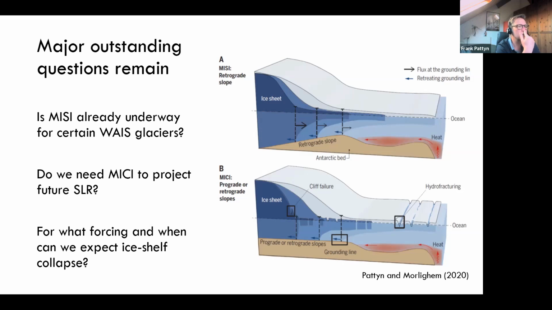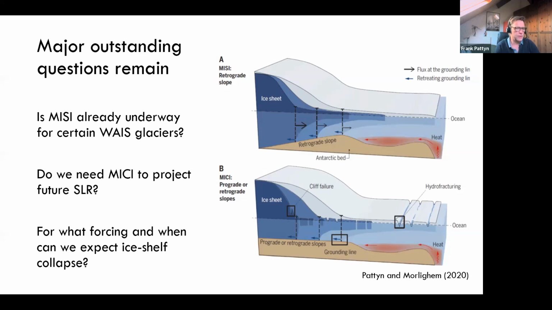On the other hand, the forcing also plays a role, because in order to have cliff instability initiated, you need an ice shelf that has collapsed, because you need a cliff that exists there. I think we can put the ball in the court of ice shelf dynamics, to try to understand how ice shelves collapse, because if an ice shelf is still sufficiently buttressing and is not collapsing, you will not have a cliff, and then MICI will not start.